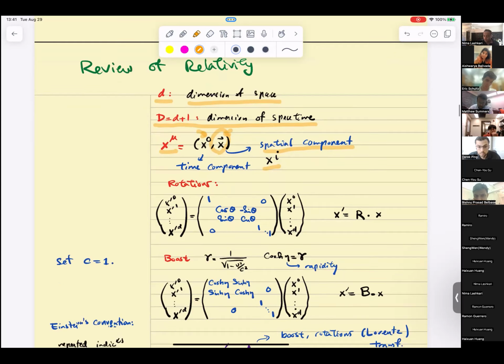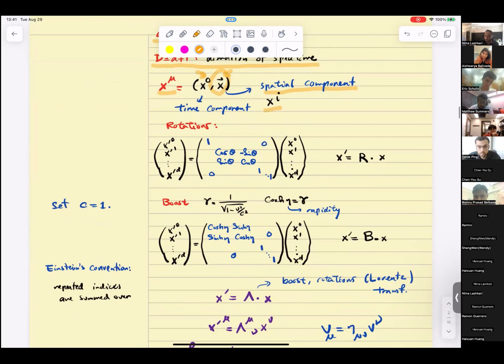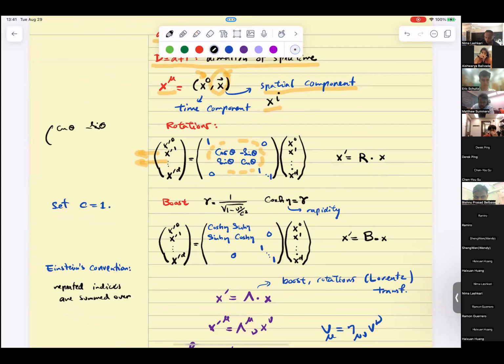Now, in space, you're perhaps familiar with rotations. If I pick two spatial directions, say x1 and x2, I can apply a rotation matrix to this. Rotation is described by a matrix transformation, which, if I'm rotating by angle theta, is cosine theta, minus sine theta, sine theta, cosine theta, acting on x1, x2.